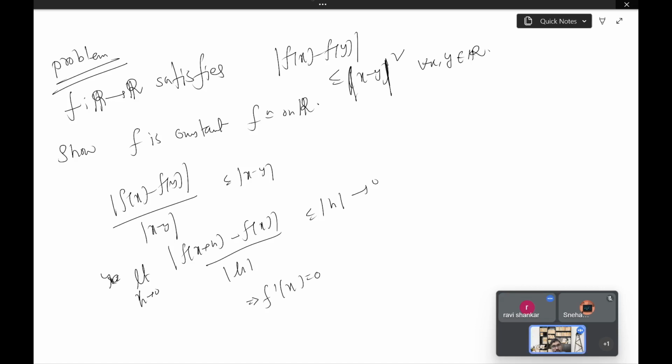No, that's okay, but when I am taking the whole square, then fine. Yeah, obviously in the question it is mod of x minus y whole square. Okay, sir, correct.